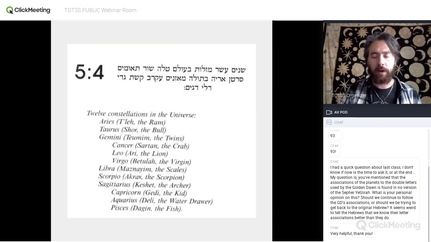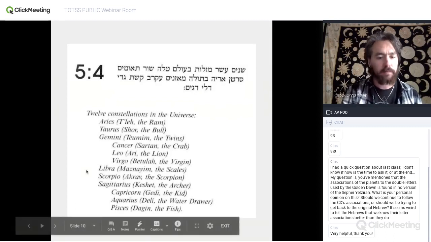The Hebrew word for Aquarius is water drawer, rather than water bearer, which is the more standard meaning. Pisces, apparently Dagon is singular, the fish, rather than fishes. It's very slight variations, but basically exactly the same meanings, the familiar 12 signs of the zodiac.